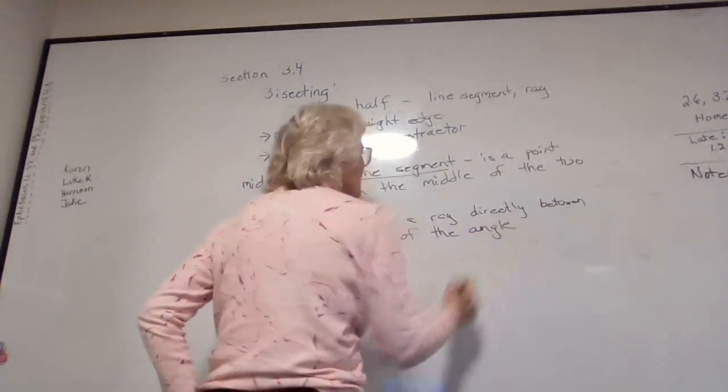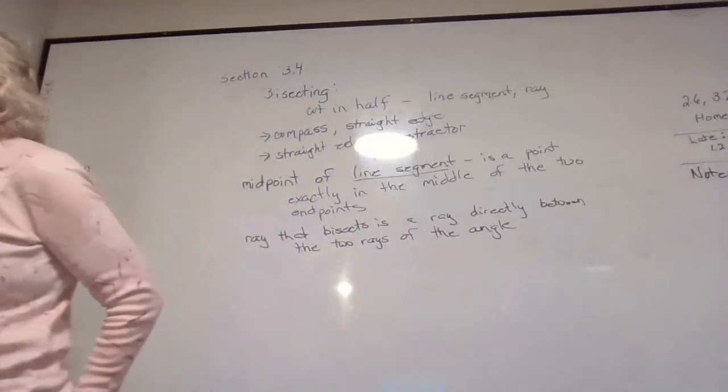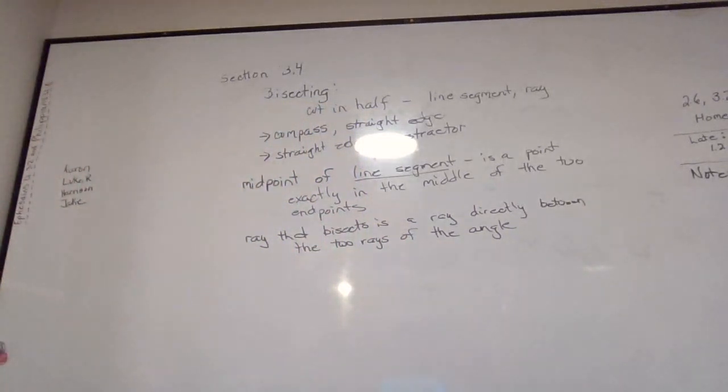There is no special name for it, like we have a midpoint for our line. There is nothing that really says that it bisects the angle, except we can say the word bisects the angle. That's all we can say.